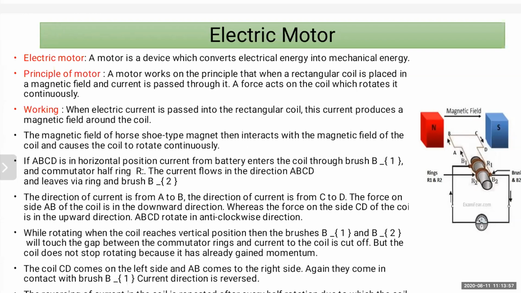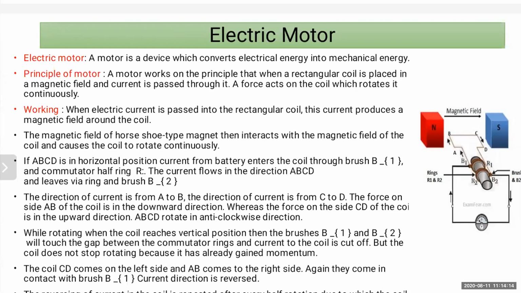Now, what is the principle of this motor? The electric motor works on the principle that a current carrying conductor placed in a magnetic field experiences a force.